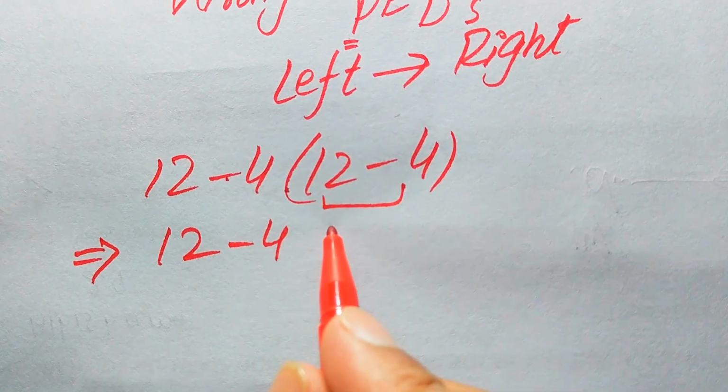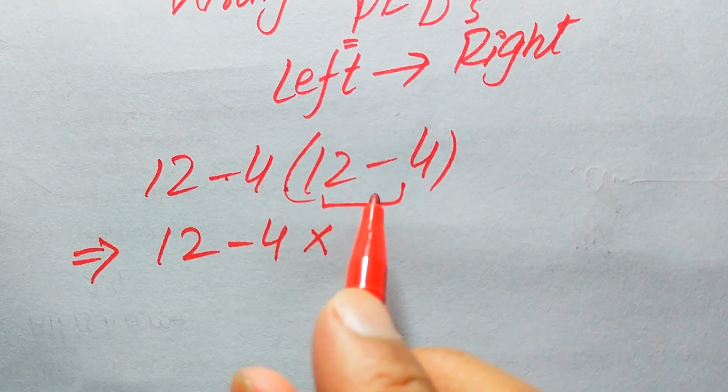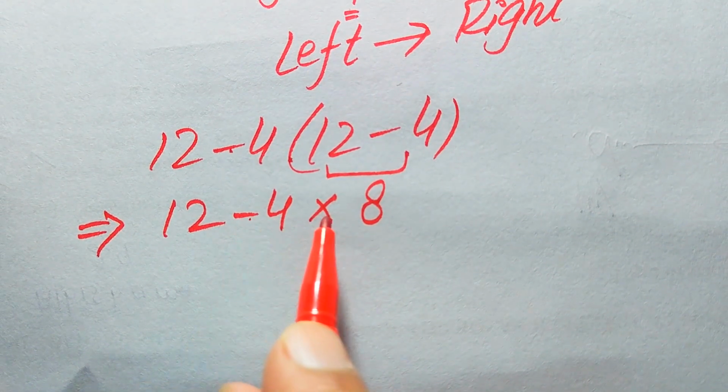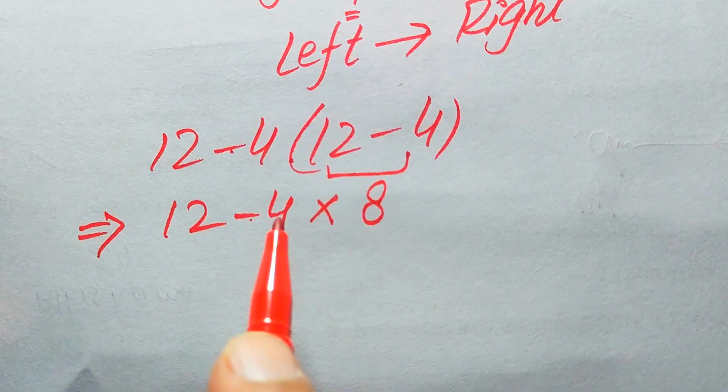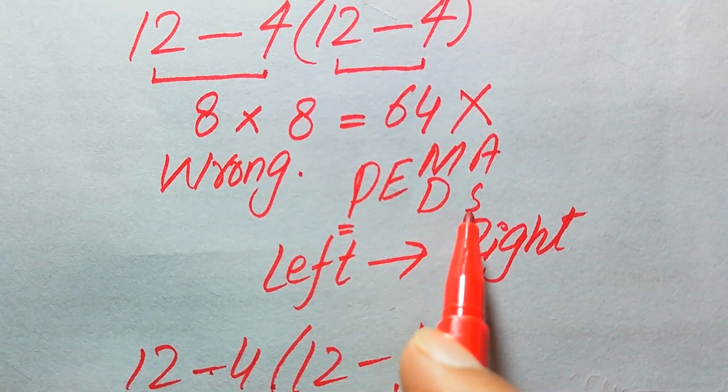So 12 minus 4 becomes 8, and after simplification of the parentheses the new operations are subtraction and multiplication. According to the PEMDAS rule, we give the first priority to multiplication and then subtraction.